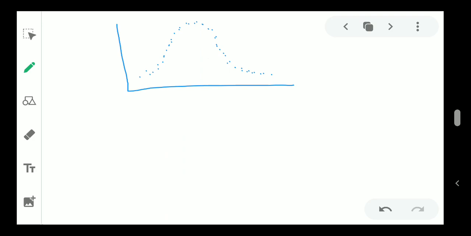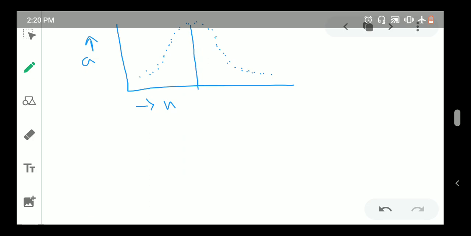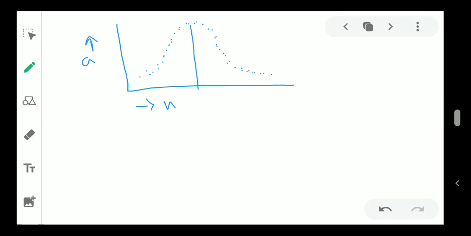So if you plot all your data, all the values, this is, let's say, the value of the data, and this is the number of observations that you have taken. So basically a mean will be somewhere here. So this will be your a mean.